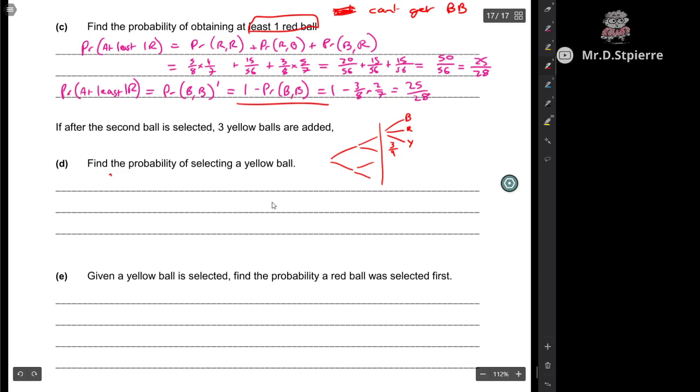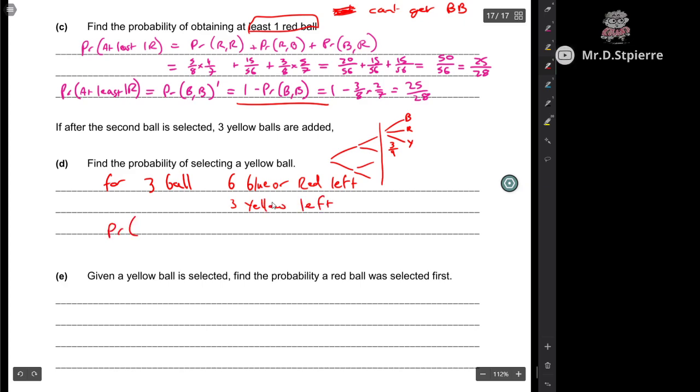So for the third ball, we have 6 blue or red left. We have 3 yellow left.